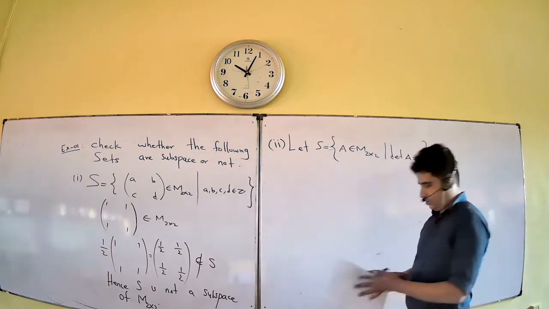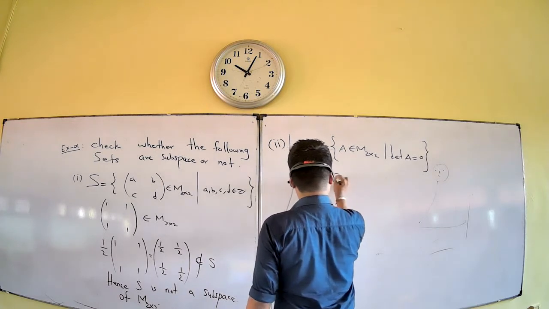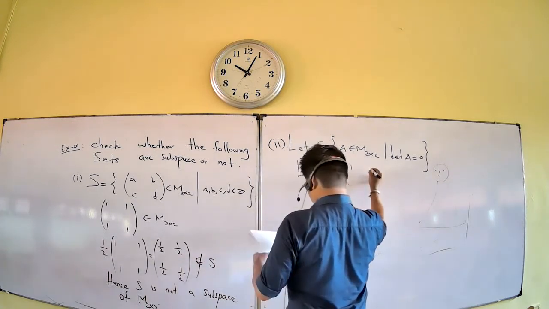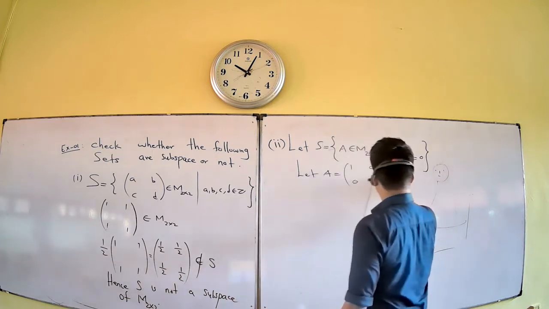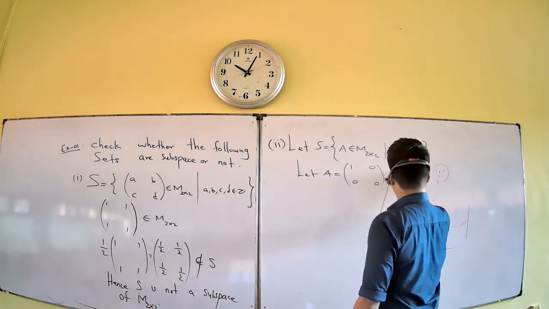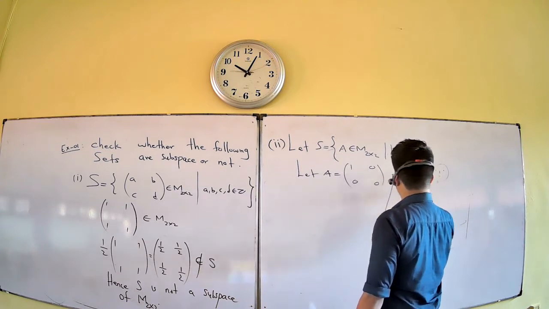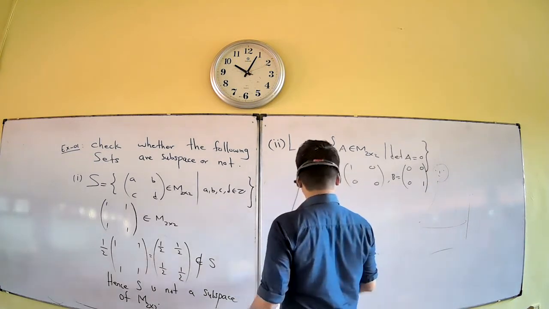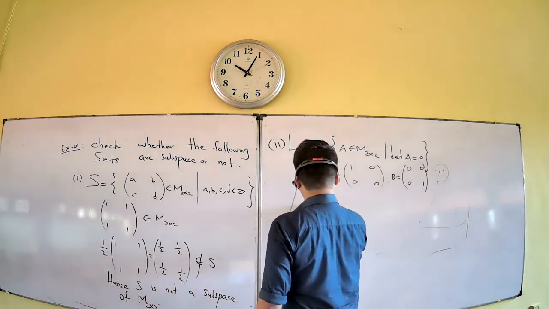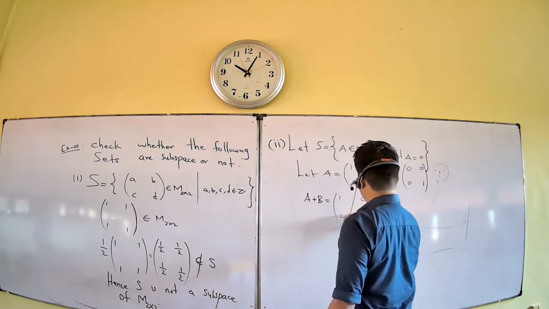Okay, so take one of the matrices A as 1, 0, 0, 0, and another matrix B as 0, 0, 0, 1. Both determinants are 0. What about A plus B? A plus B, as the usual addition, is 1, 0, 0, 1.